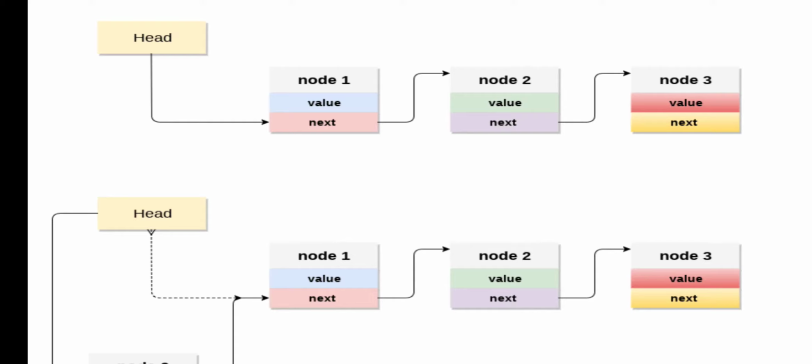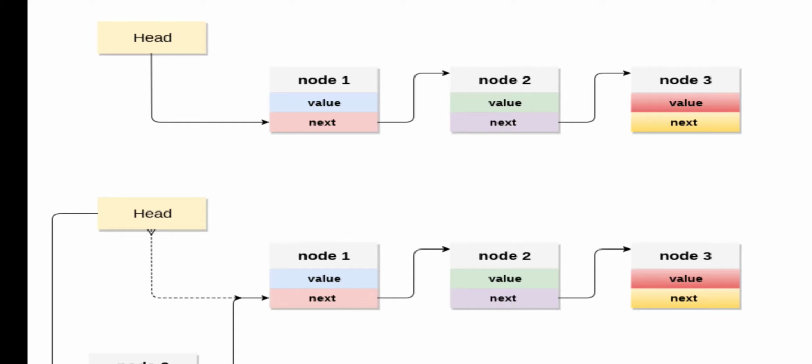See here, initially head node. While we represent a linked list, we have to use a node. Here a node contains two parts. First one is value part, and second one is next address part.